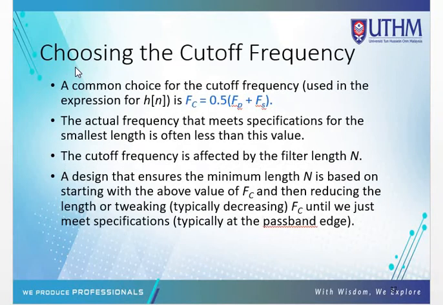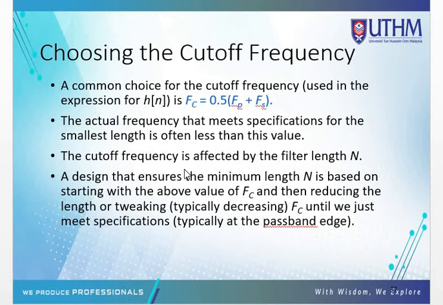To choose a suitable cutoff frequency, a common choice can be expressed as 0.5 times F_p plus F_s. The actual frequency that meets the specification for the smallest length is often less than this value; the actual one is often less than the estimated one.